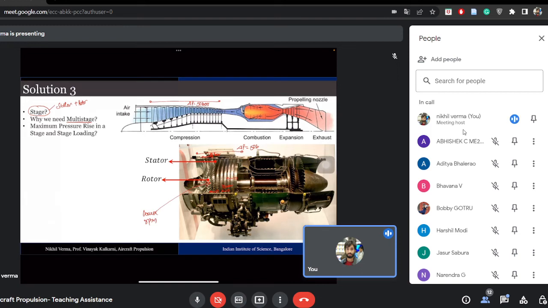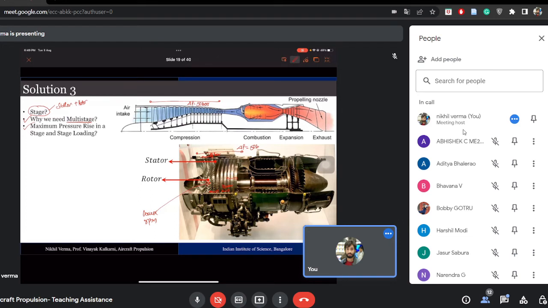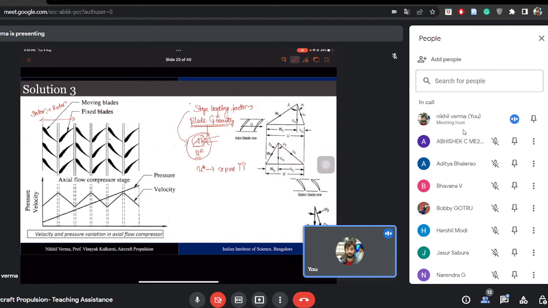This is why a multi-stage is needed, and this is how the maximum pressure rise is attained before the combustion chamber. The stage loading factor will be dealt with in the later part of the course, when you deal with the turbomachinery aspect of the aircraft engine.